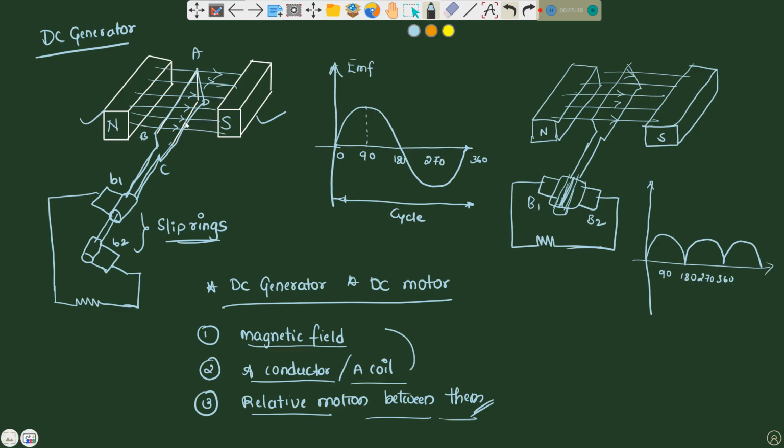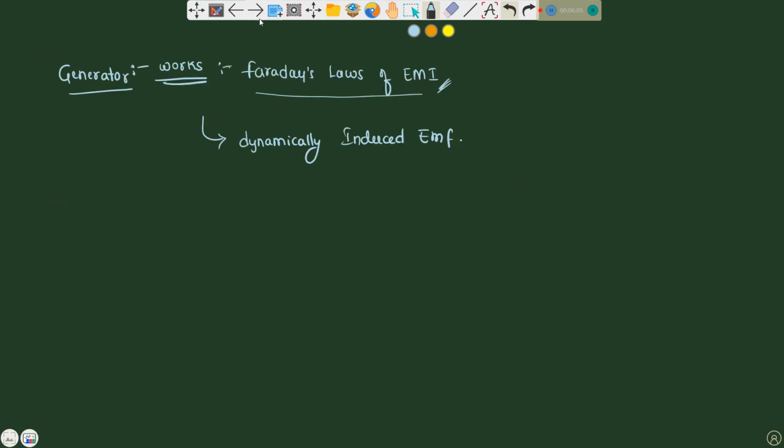Usually we fix the magnetic field or poles, so the only part meant to be rotated is the conductor or coil. Understood? Here we were talking about Faraday's law of electromagnetic induction. The generator works on the principle of dynamically induced EMF, that is relative motion between a magnetic field and a conductor.